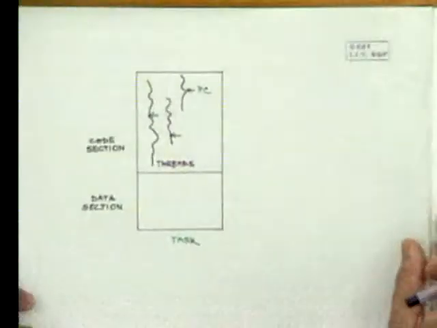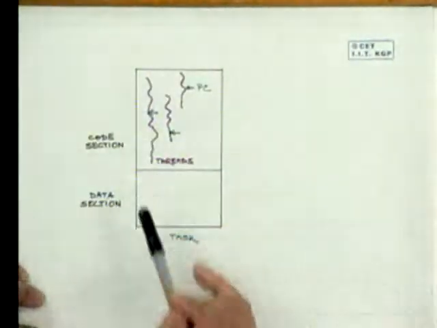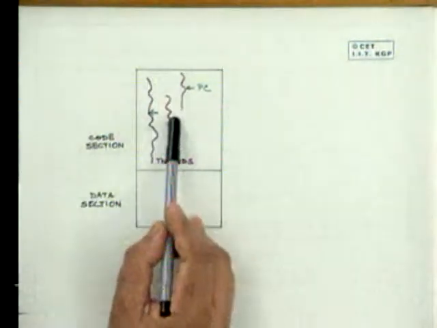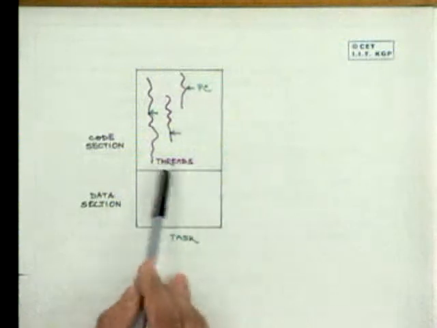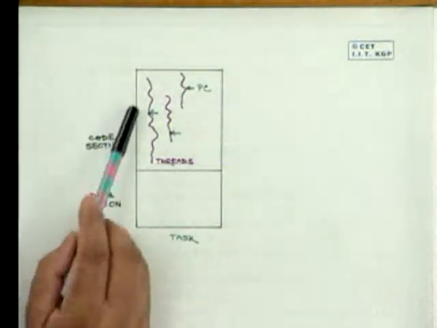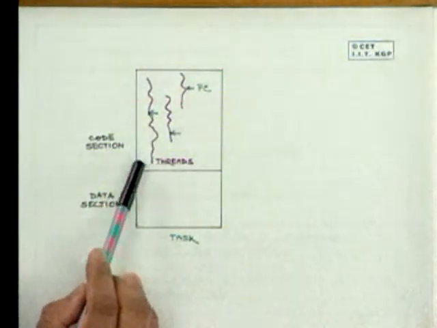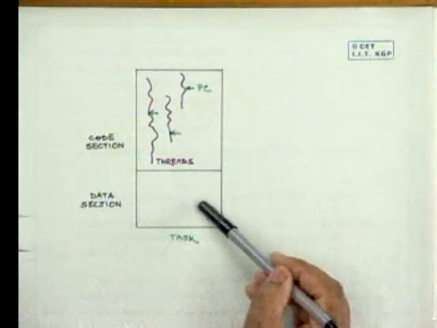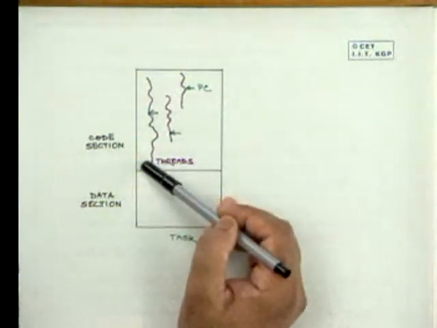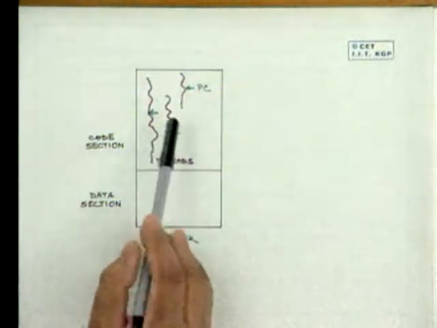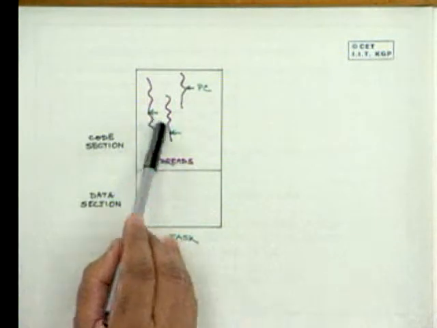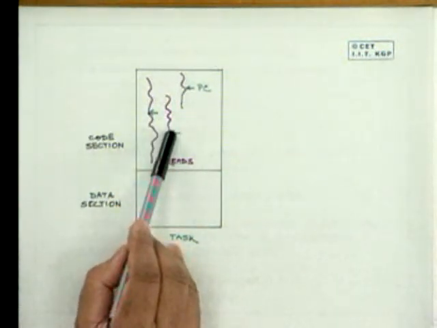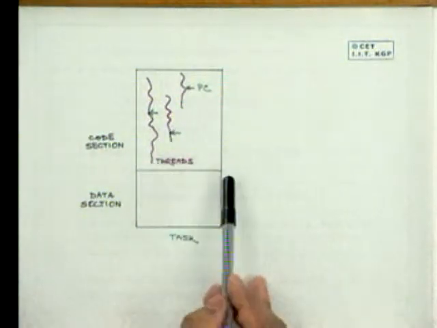The situation is this. For example, say this is a task. Now these are threads. This is a code section. A thread is essentially a different execution trace within the same code section. The data section is shared, the code section is shared. If one switches from one thread to the other, one has to switch from one register set to the other register set, but no other things have to be saved.